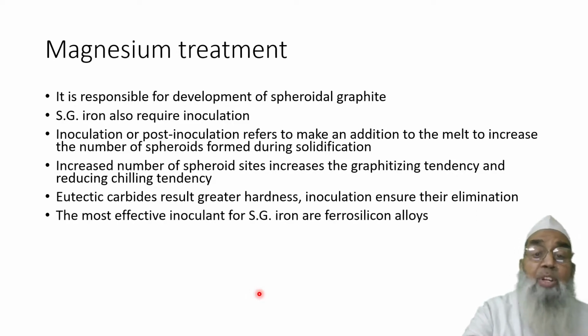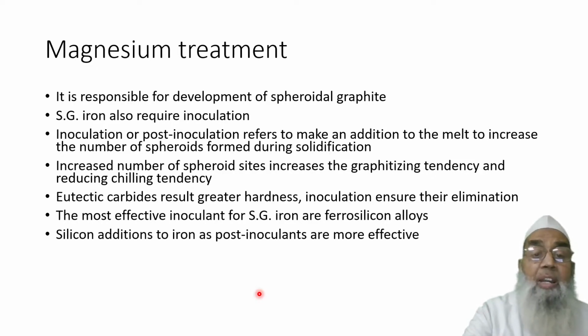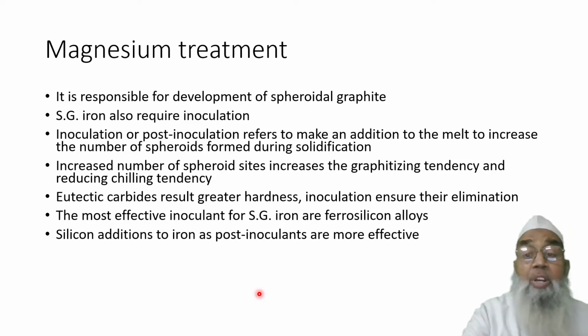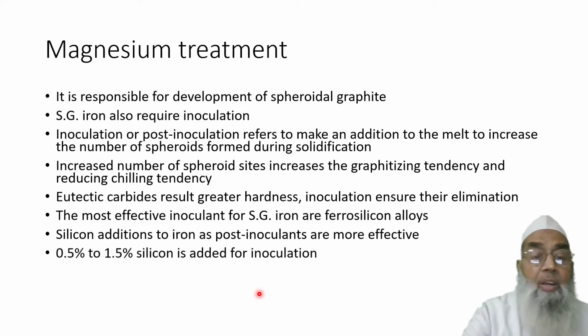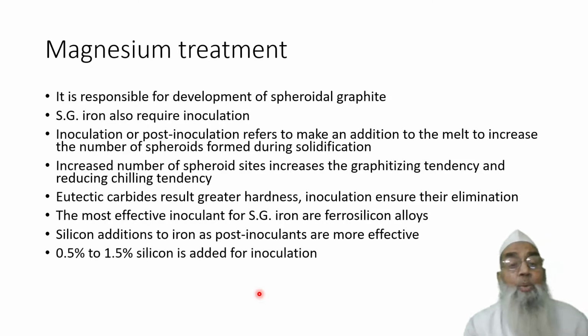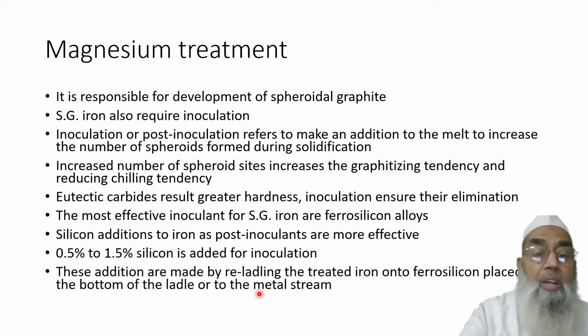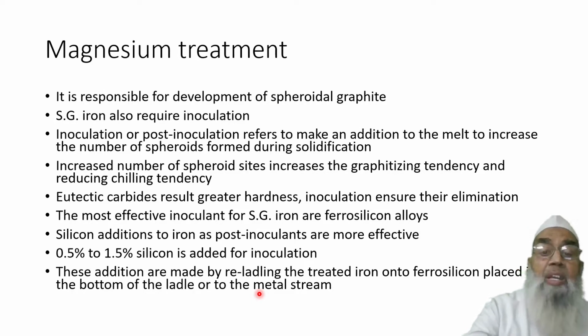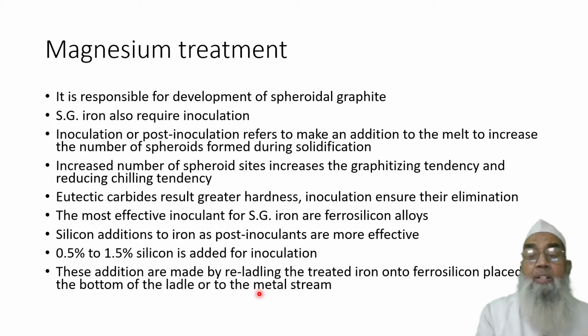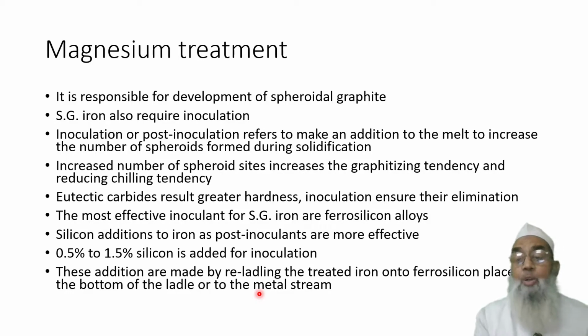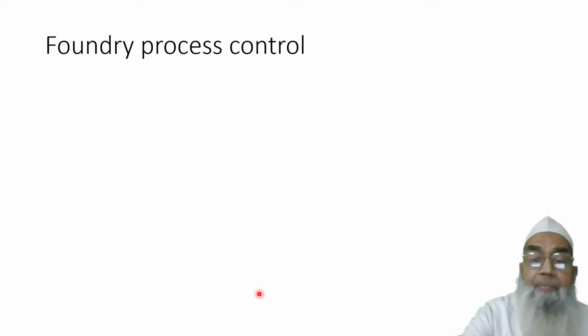The most effective inoculant for SG iron is ferrosilicon alloy. Silicon additions to iron as post-inoculation are also effective. Now, 0.5% to 1.5% silicon is added for inoculation. These additions are made by reladling the treated iron onto ferrosilicon placed in the bottom of the ladle or into the metal stream.